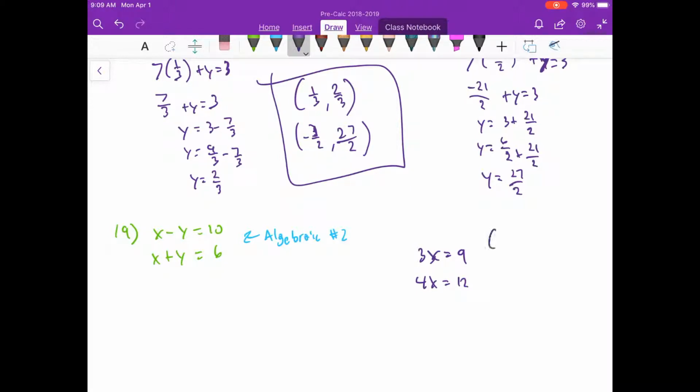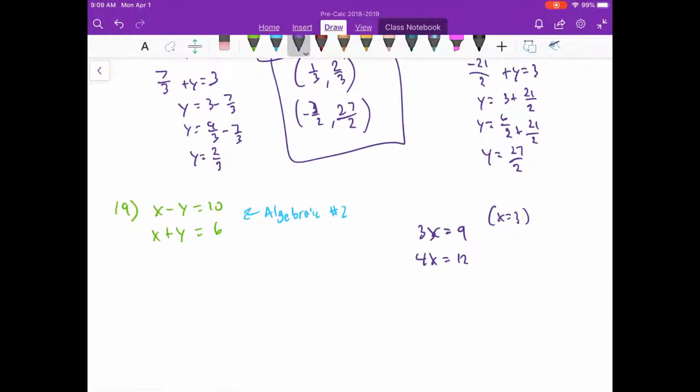X equals 3 in the first, x equals 3 over here. If I put these together, I get 7x equals 21. That also makes sense: 3x plus 4x is 7x, and 9 plus 12 equals 21, which is a true equation. So I can do the same thing over here.